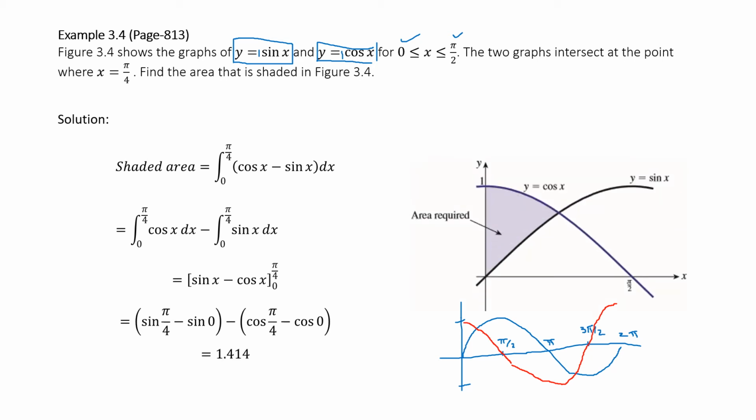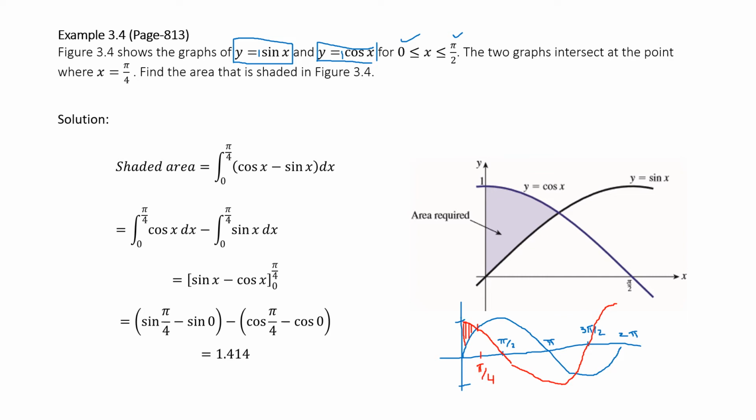Okay, so look, this is the area they are asking, and this place is pi by 4. Okay. So from here to this place, this is the shaded area we are going to calculate.